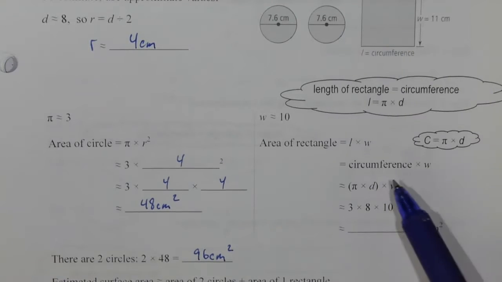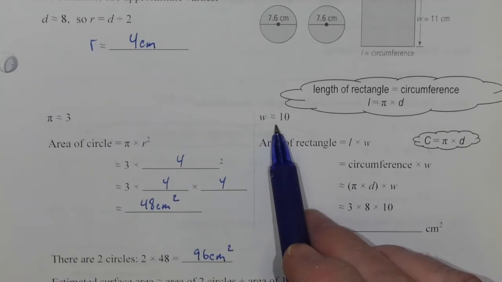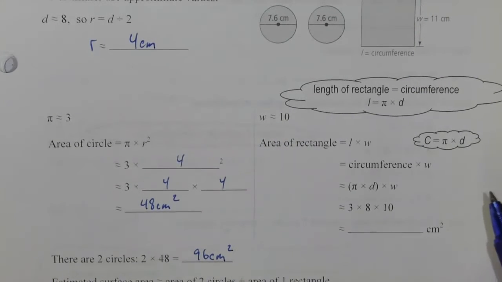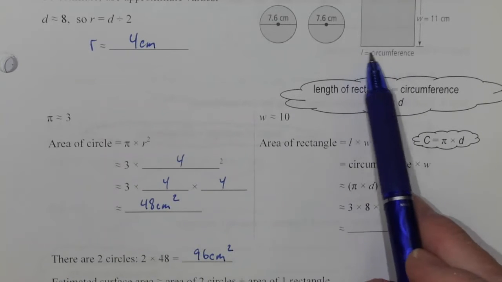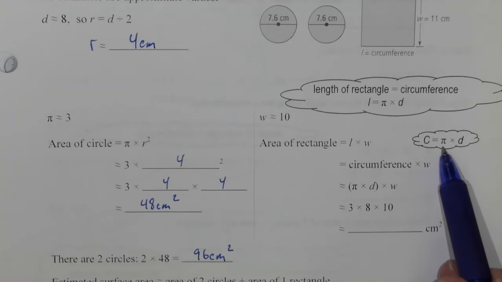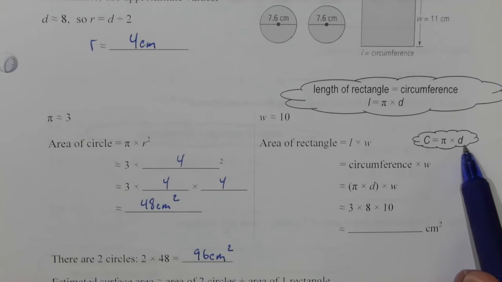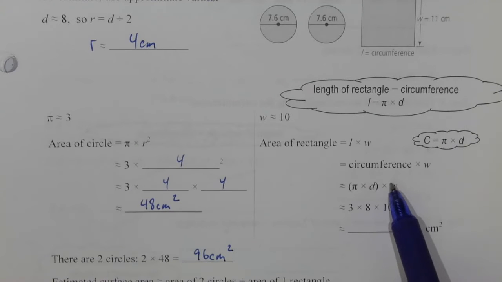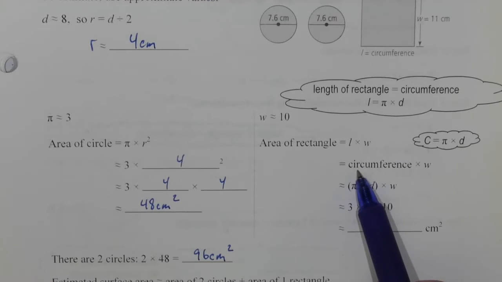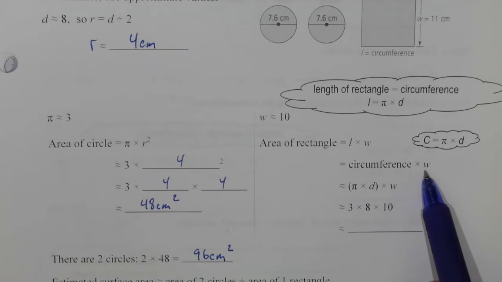The area of the rectangle, well, we're told that it's a height of 11. We're going to use 10 as an estimate value, and then we need to figure out, well, the circumference. We know that the circumference is pi times d, and so then length times width of the rectangle becomes circumference times the width.